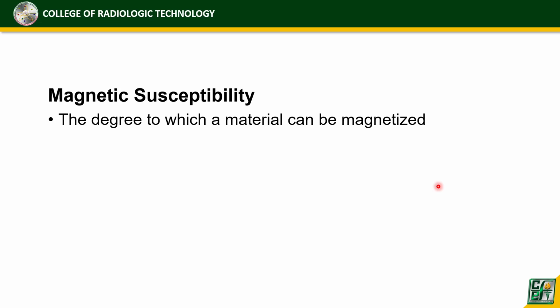Ibig sabihin, yung characteristic ng isang material ay madali siyang ma-magnetize. So siya ay description, yung magnetic susceptibility. So example, kapag wood, low magnetic susceptibility. Kapag iron, high magnetic susceptibility. So yung mga ganon. Okay? Then, hysteresis.